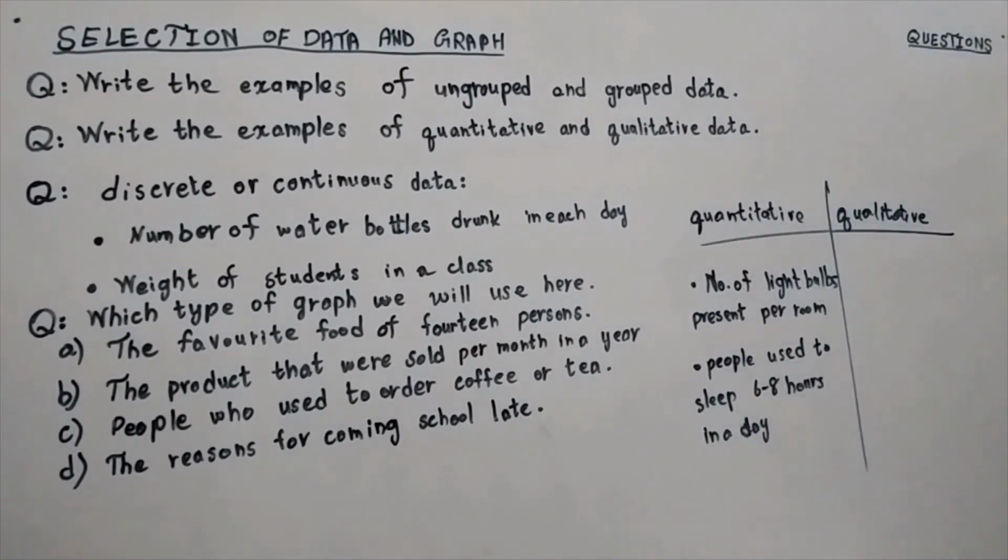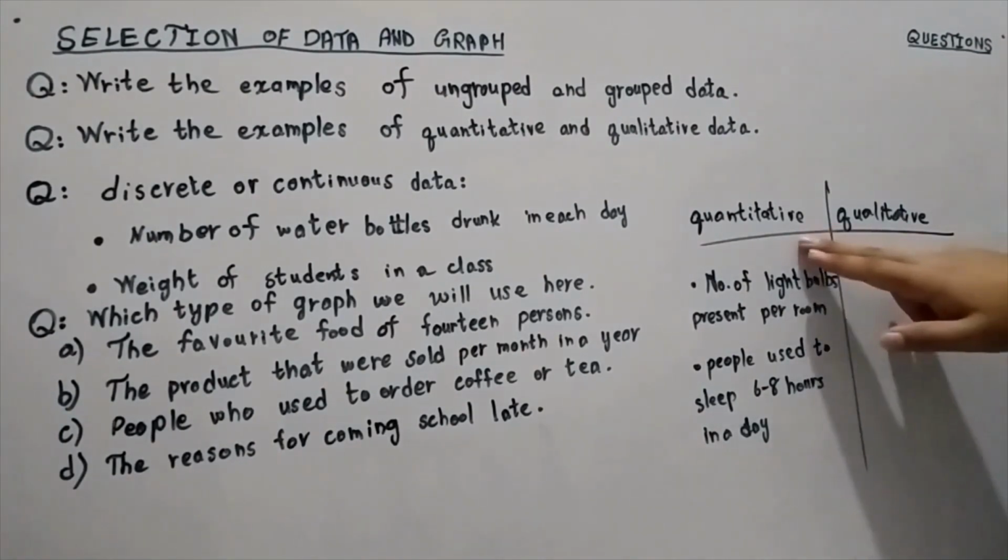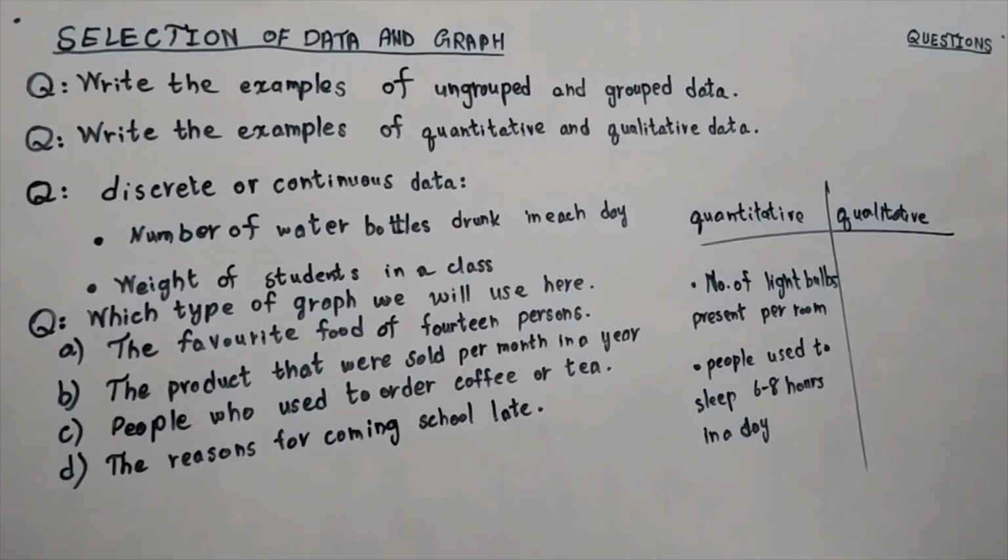Here we will get a number of people who sleep 6 to 8 hours in a day. It means we will get a quantity, how many people we have here. So it is quantitative, or numerical, data.